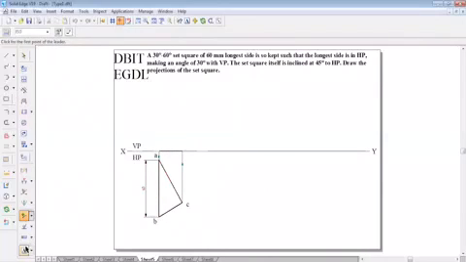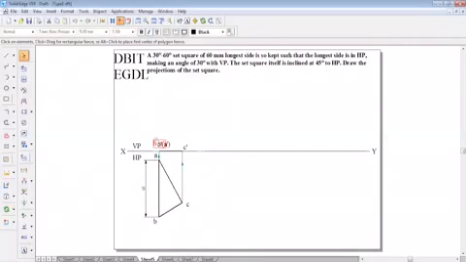Next, come to the text command. So this will be B dash, A dash, and the other end will be C dash. So this is the first position of this problem.